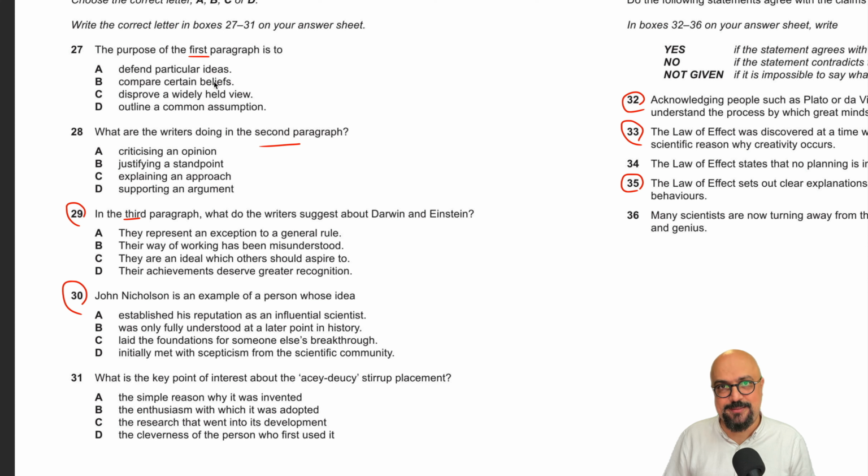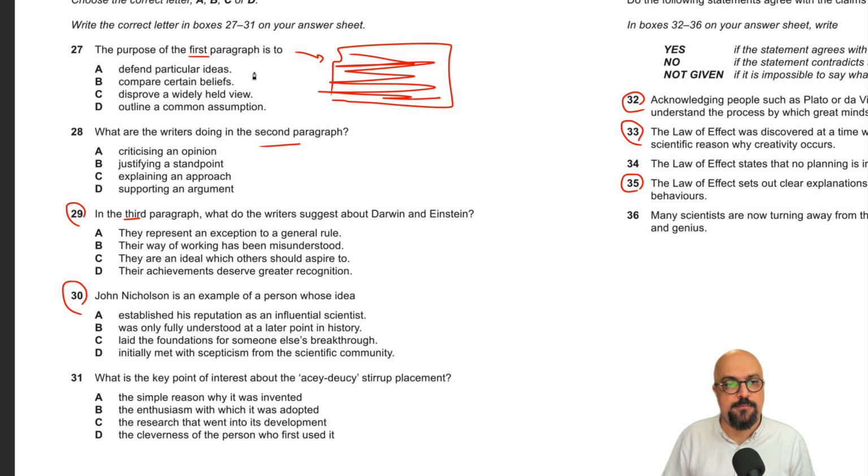But on the other hand, the problem is that usually these questions require you to read the corresponding paragraph completely.